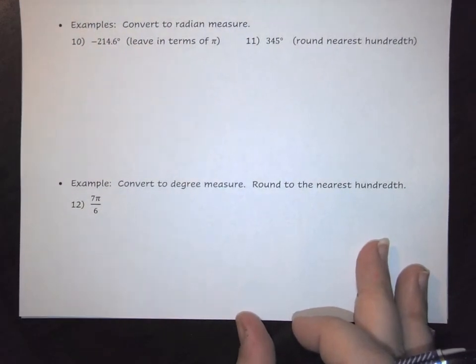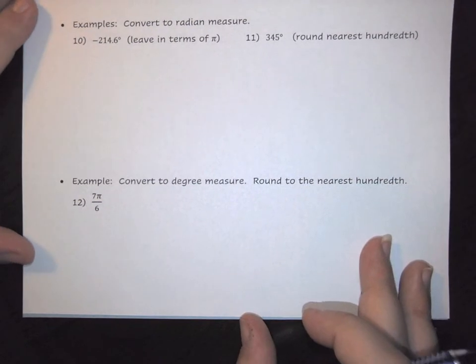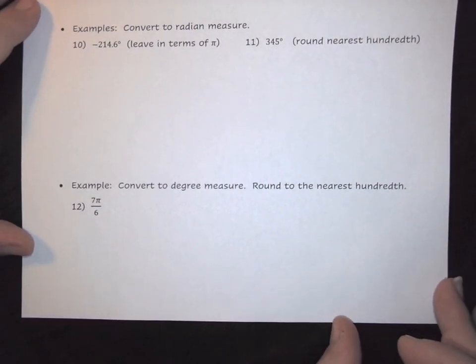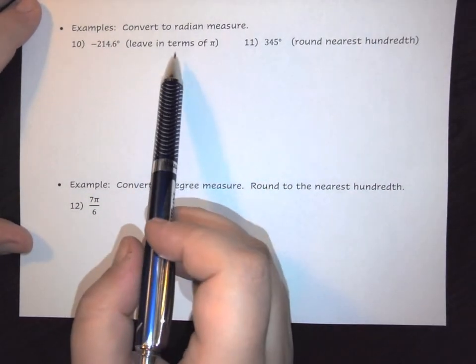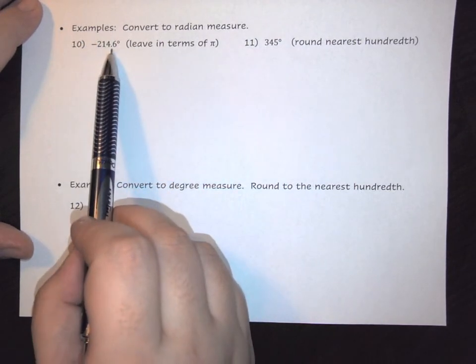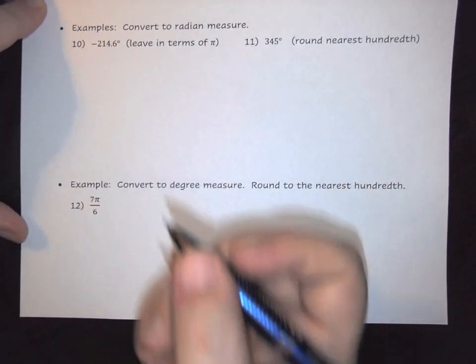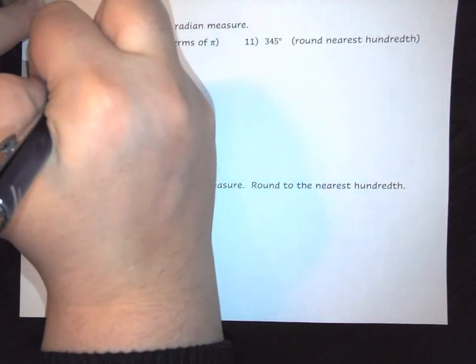Alright, the very last examples I wanted to look at here were conversion examples, just to make sure that we understand what conversions are. So here we have our conversions where we want to go from negative 214.6 degrees and convert over in terms of pi.